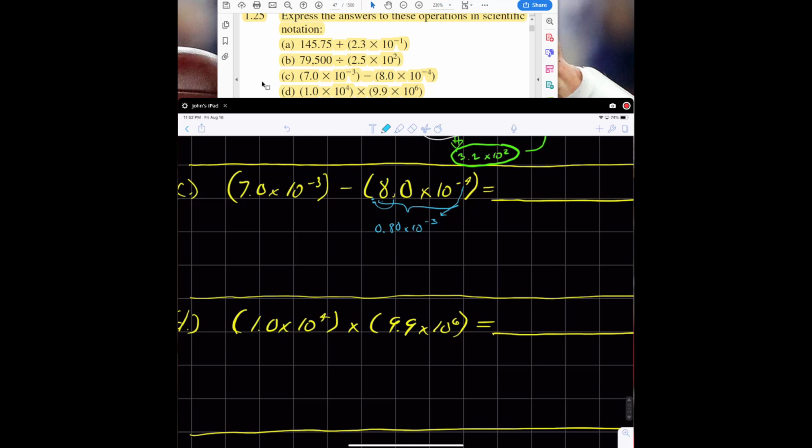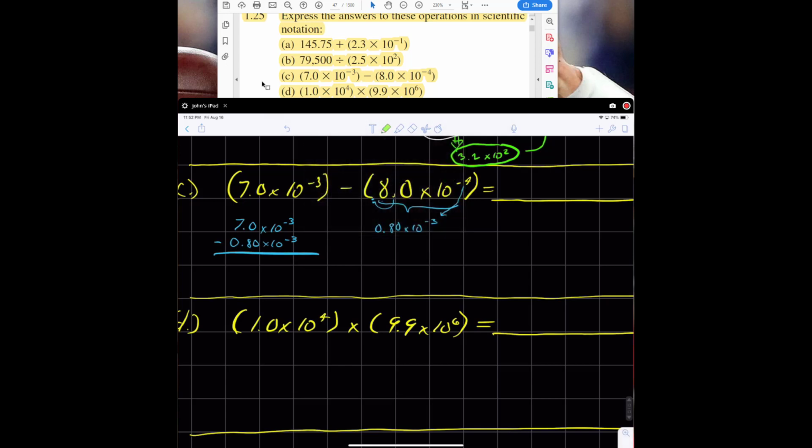So now we have 7.0 times 10 to the minus 3 minus 0.80 times 10 to the minus 3.